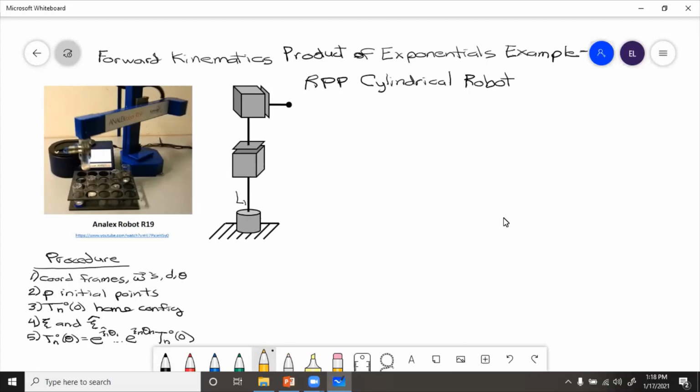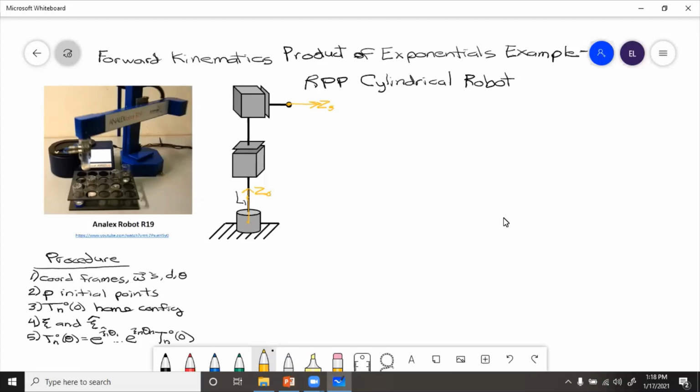So for step 1, assign coordinate frames. We need coordinate frames for the base and the tip. Well, we can see the base rotates here with the z-axis going up. So this is z0, and then the tip, its z-axis points this way.